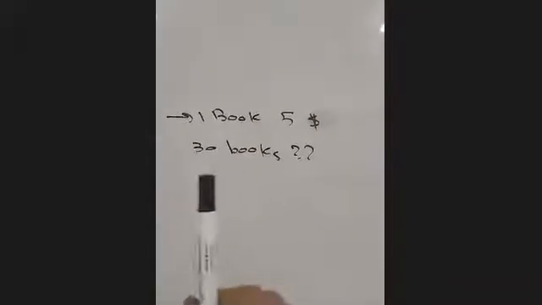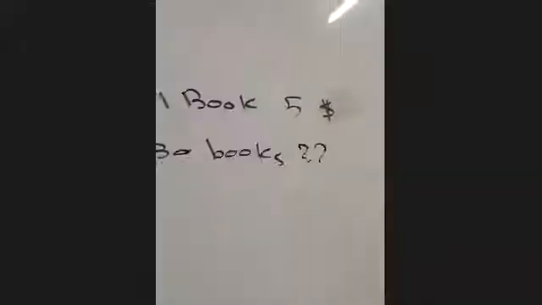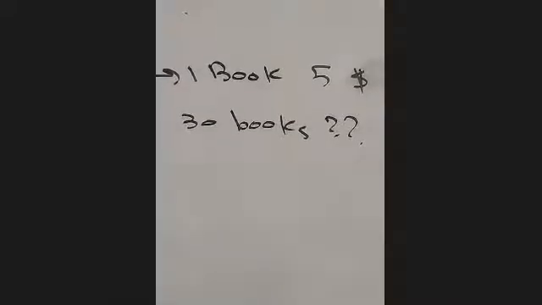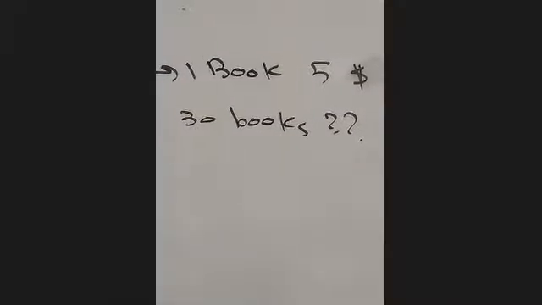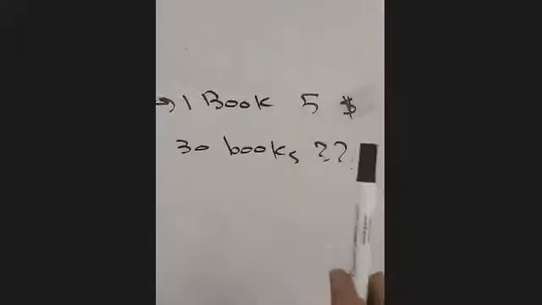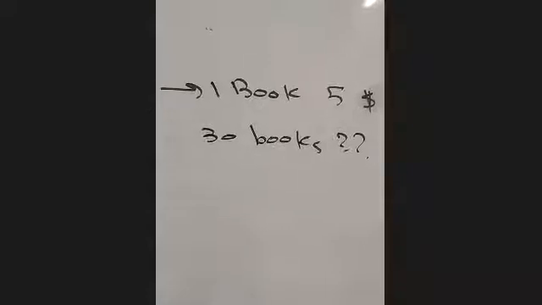Yalla, Ahmed, how do I find the price of 30 books, quickly? 5 multiply 6. We multiply what? 5 multiply 6. Where do you get the 6 from? If the price of one book is $5, what is the price of 30 books? 5 multiply 12.